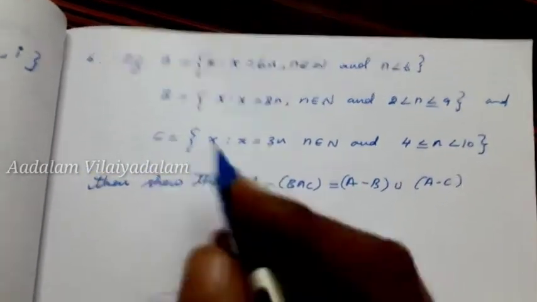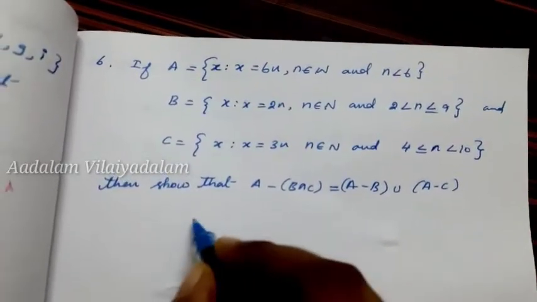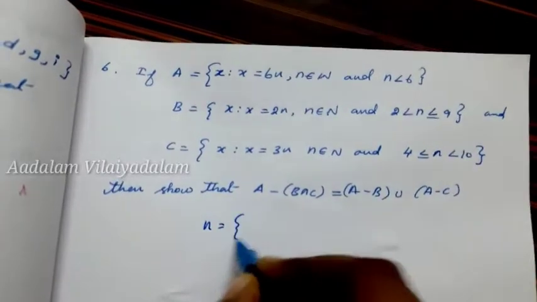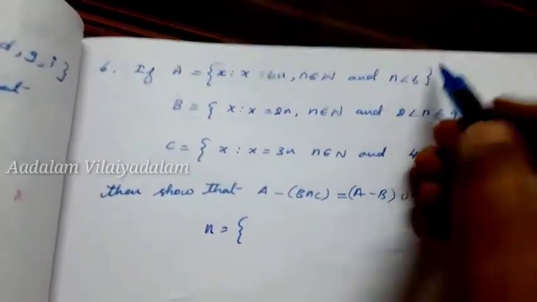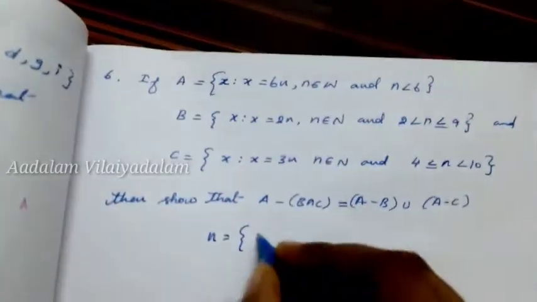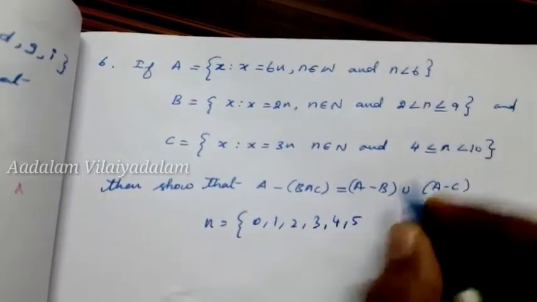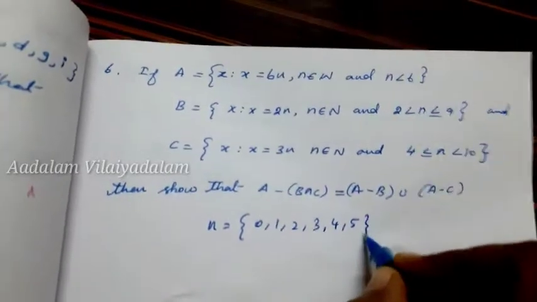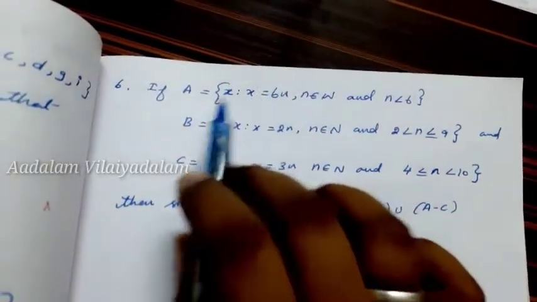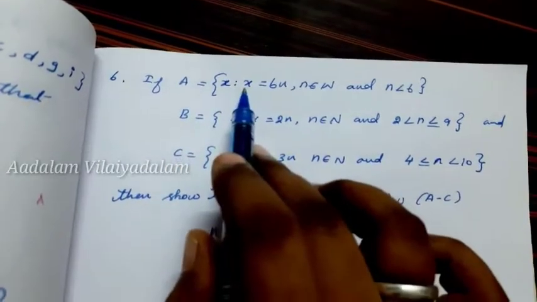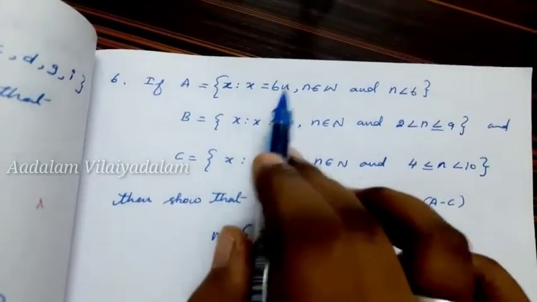Now we need to find n for the set A, that is, n values are less than 6, and the values belong to whole numbers. So 0, 1, 2, 3, 4, 5, because they have mentioned less than. Now the elements of set A are x, and the value of x is 6n.